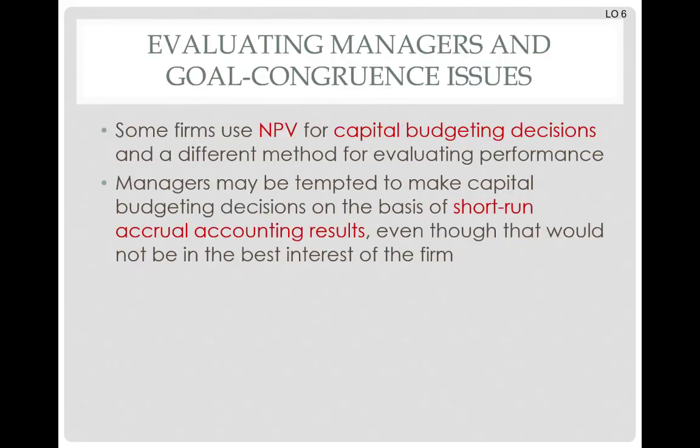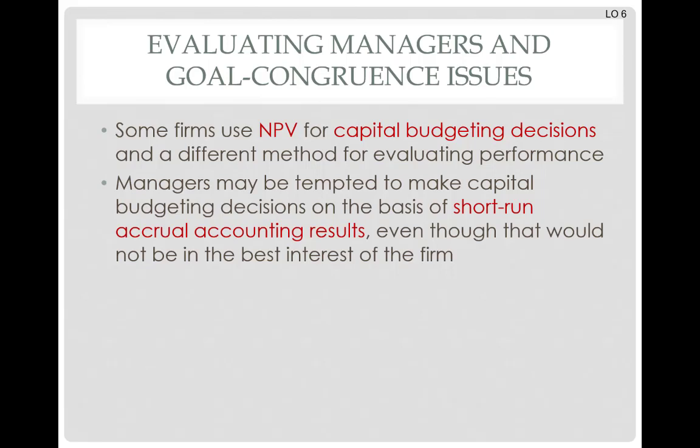In terms of evaluating managers and goal congruence issues, some firms are going to use NPV for capital budgeting decisions, but managers might be tempted to make decisions based on short-run results. So for example, let's say my bonus at the end of the year was based on return on investment, ROI. If I was to invest in, let's say, a new photocopier this year, I won't see much of the savings until well into next year.